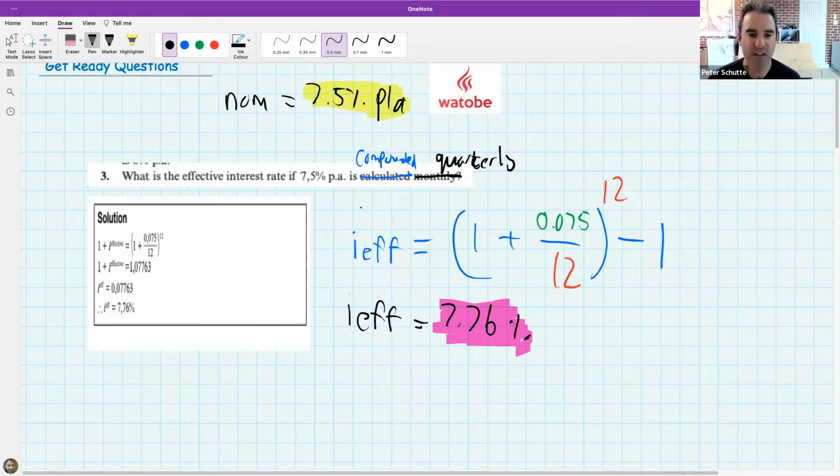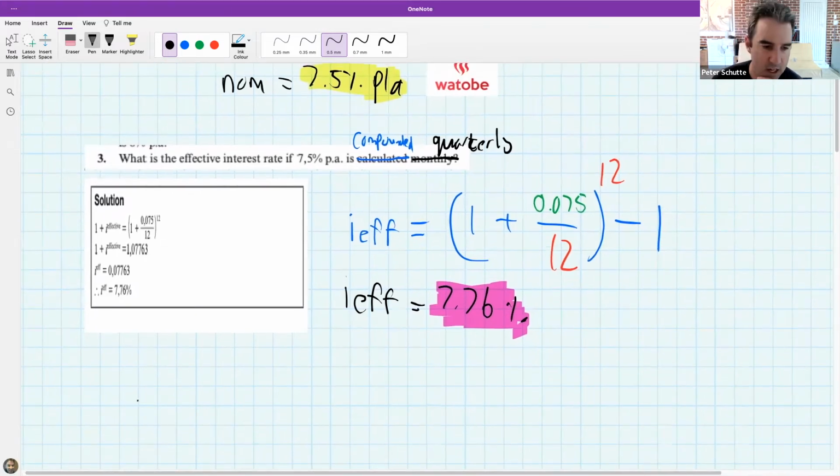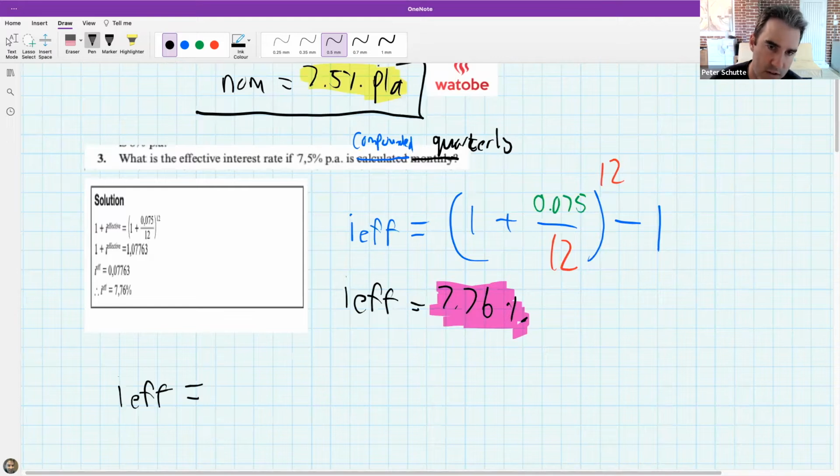So same as before, except now you're changing the compounding period to quarterly. I want to see, can you work out what the effective interest rate is if you start with the same nominal interest rate, but you're going to break it up into quarters now. What would that look like?